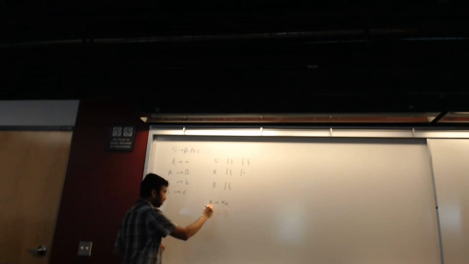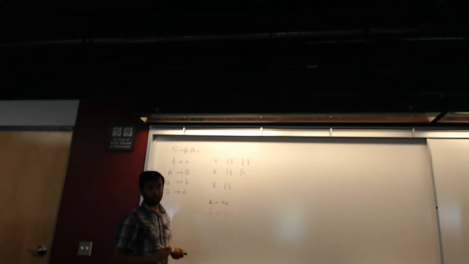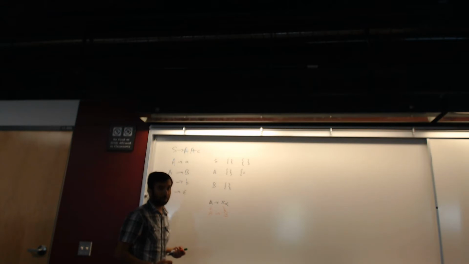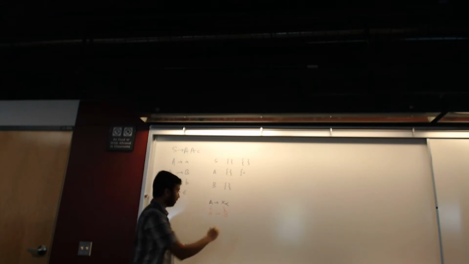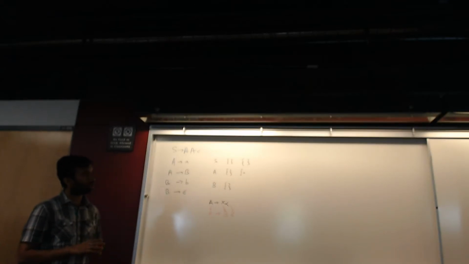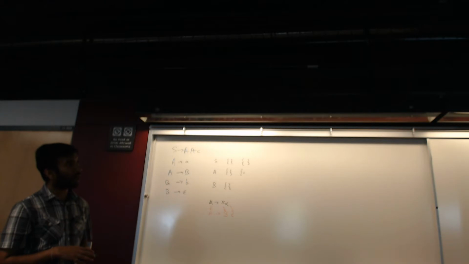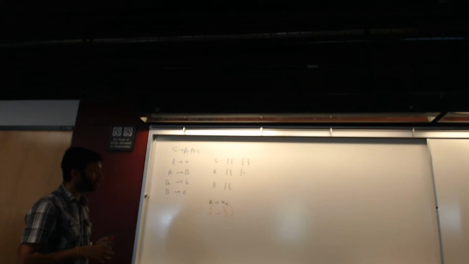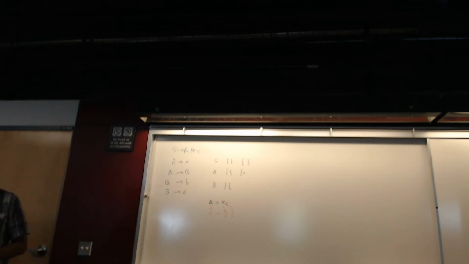A is A. What is X? X is B. What is alpha? Alpha is epsilon, right? So what does the rule say? The rule says that you add first of B minus epsilon to first of A. What is first of B? It's empty. So it doesn't change anything.